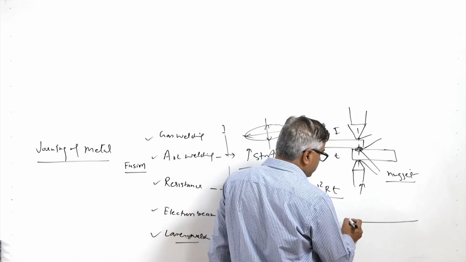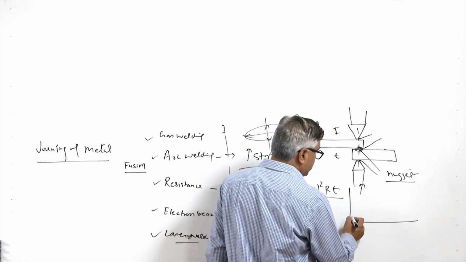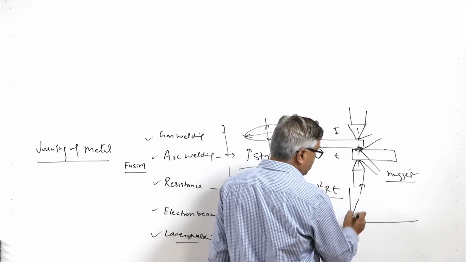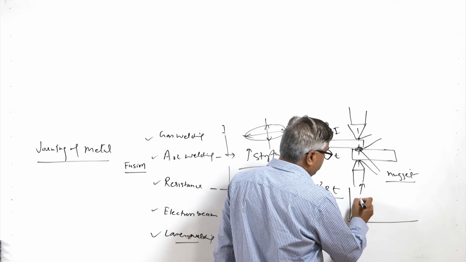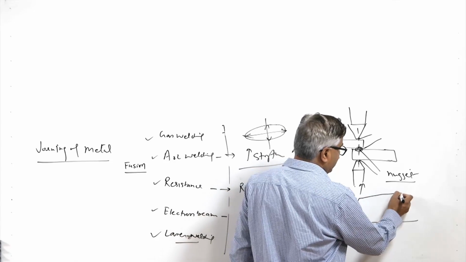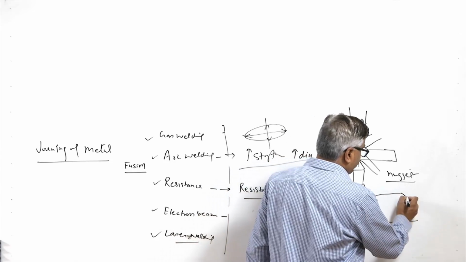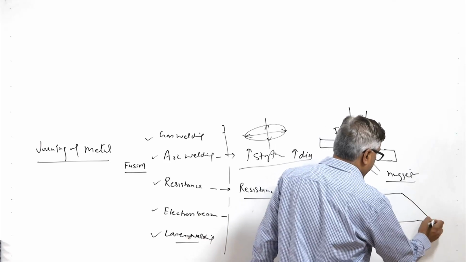In the typical cycle, the pressure is increased gradually so that the plates come in firm contact, the pressure is held constant, and thereafter the pressure is released gradually after the welding.